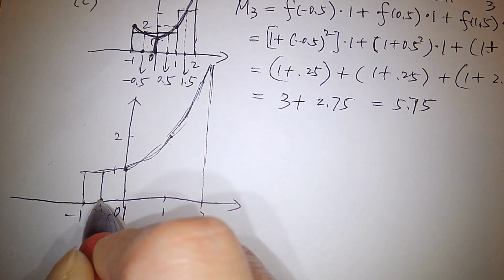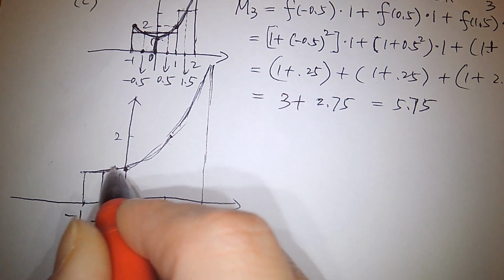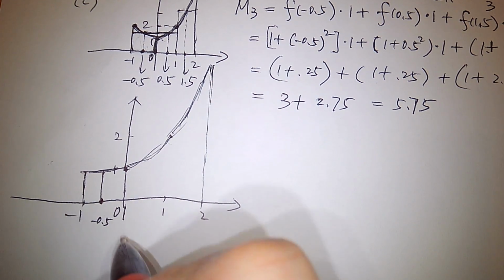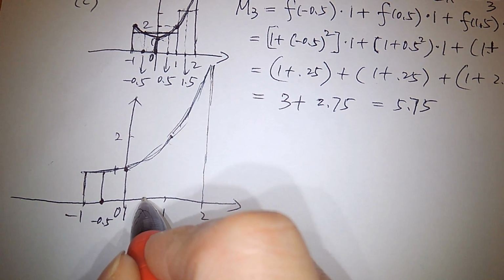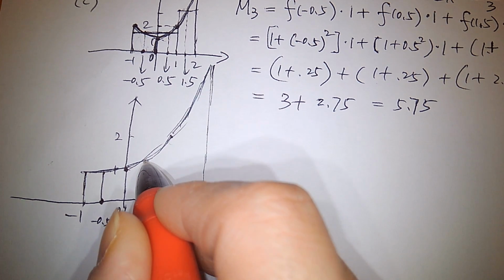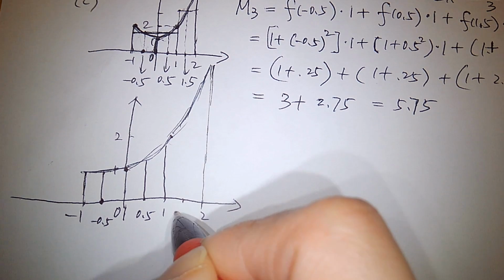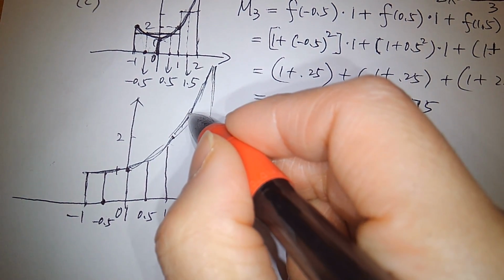-0.5 is not a sample point in the interval. It is actually an endpoint for a subinterval, right? This is 0.5. This is 1, 1.5.